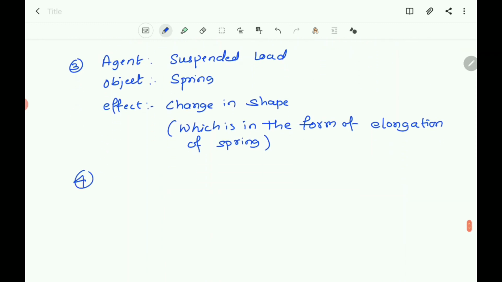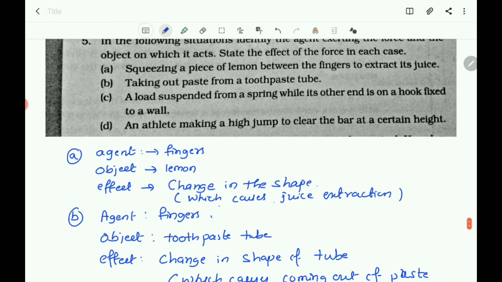Fourth one. An athlete making a high jump to clear the bar at a certain height. Here you know that the athlete exerts a force on himself only. So the athlete himself is an agent, and also himself is an object.